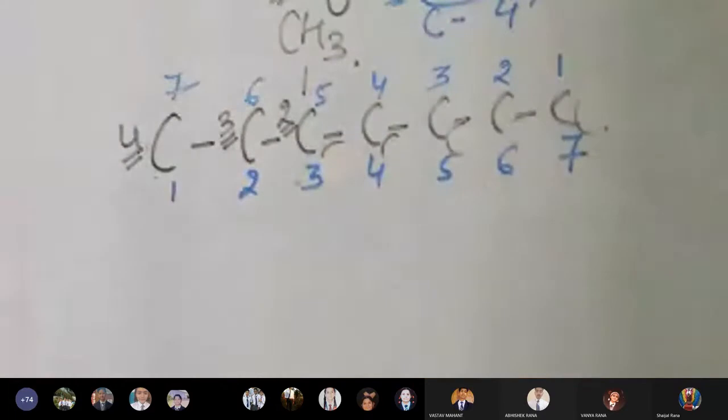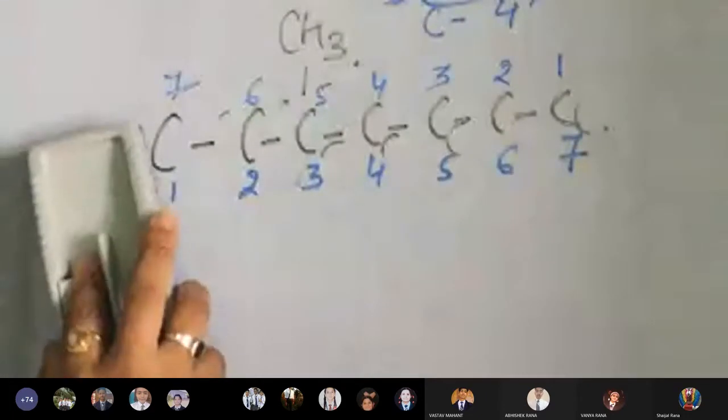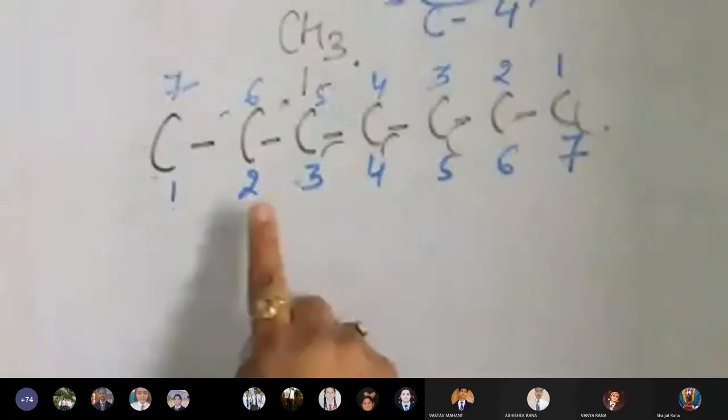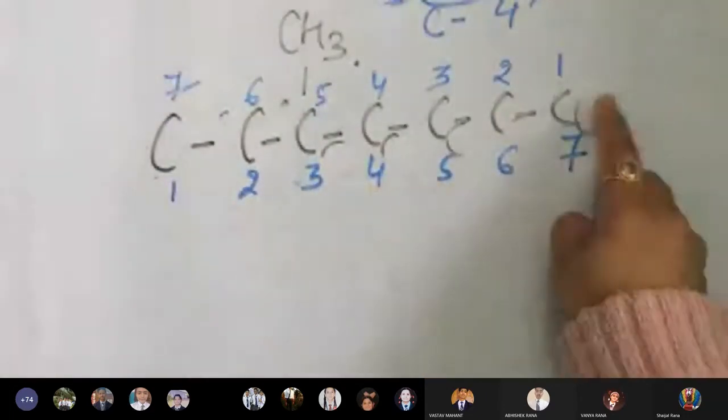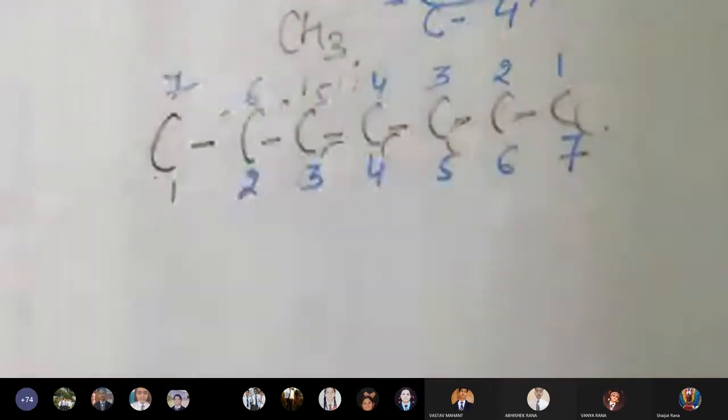So I'll just rub this now. Now I'm going to tell you, out of these 2, the straight one: one is 1 2 3 4 5 6 7, the other is the opposite, 1 2 3 4 5 6 7. So this ultimately becomes your extra group which is assigned above.